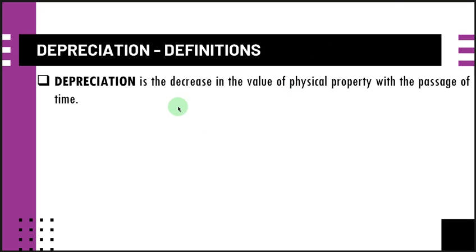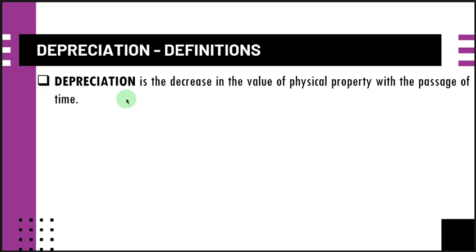So by definition, depreciation is the decrease in the value of physical property with the passage of time. Sometimes also depreciation is defined as a way of accounting for the cost of an asset when income is determined for tax purposes. And the cost, including maybe any delivery or installation charges, is treated as a prepayment for future services.